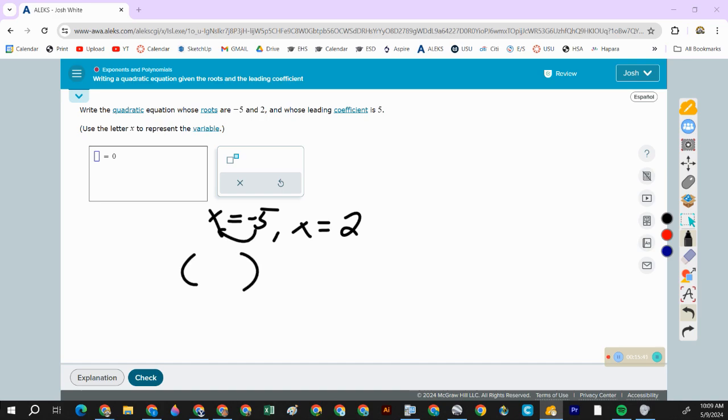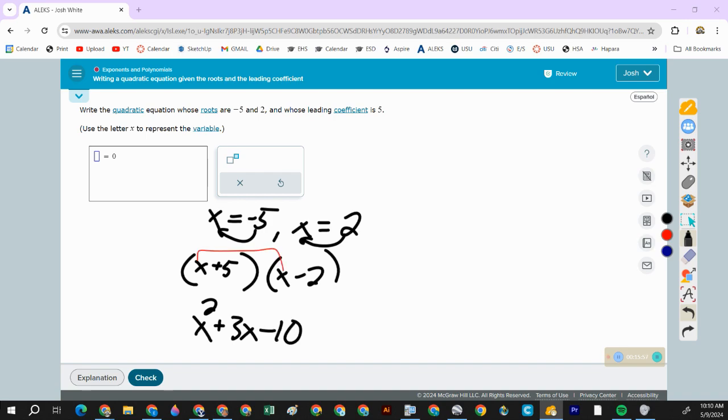Well, I would add 5 over, x plus 5, and I would subtract 2 over, x minus 2. And that gives me x squared plus 3x minus 10. Now I did that in my head. So x squared, this is a 5, and this is a -2, which is where I got the 3, and then that's going to be a -10.